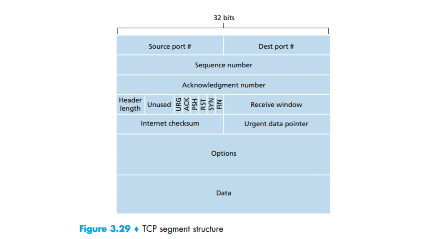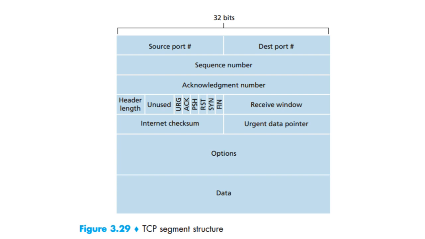Options, variable length if present, carries additional TCP options such as maximum segment size, window scale, and timestamps. Padding is used to ensure that the TCP header ends on a 32-bit boundary when options are present. Data carries the actual data being transported by the TCP segment.